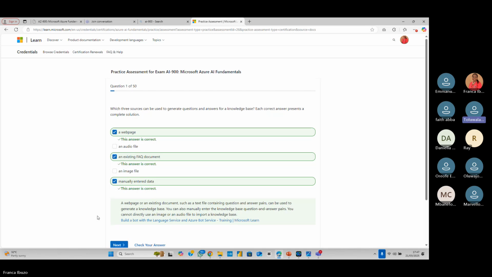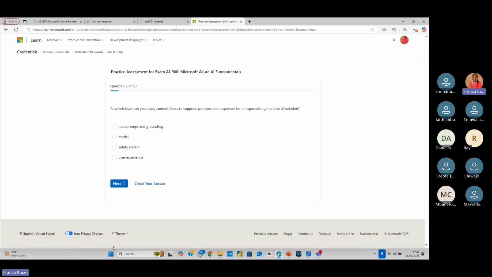You can also manually enter the knowledge base question and answer pairs. You cannot directly use an image or an audio file to import the knowledge base. So that's why these two are there. That's very good. Okay, next one.